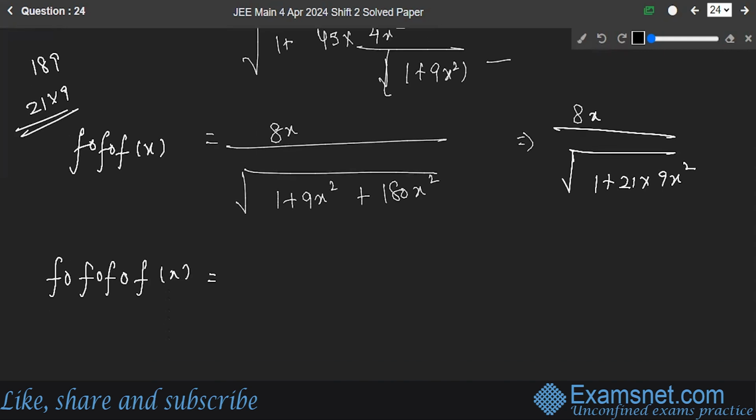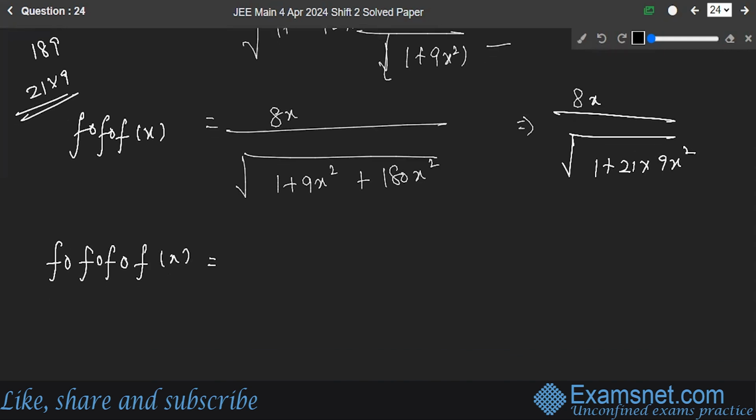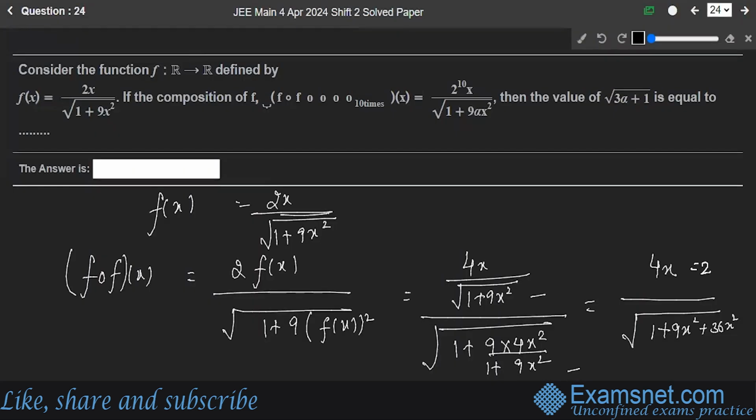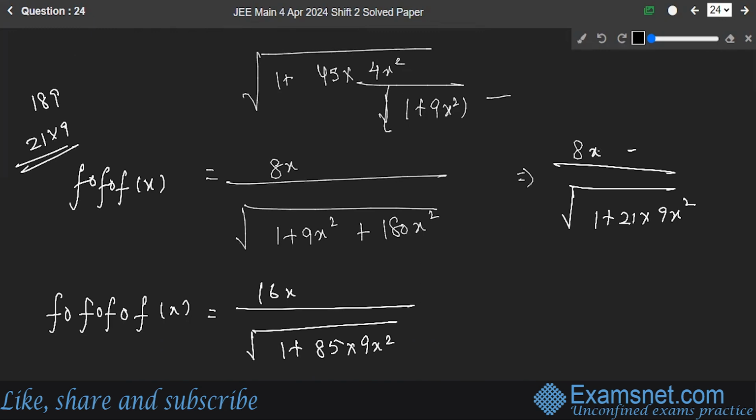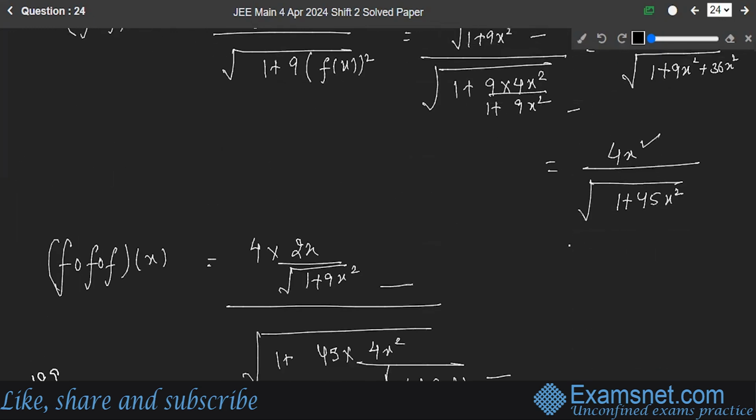Right. So similarly when you solve the whole thing, you will get 16x squared upon root of 1 plus 85 into 9x square. See over here, this was 2 part 2x, the numerator. Here the numerator was equal to 2 part 3x, and here also this 45x can be written as this upon 1 plus 5 into 9x square.